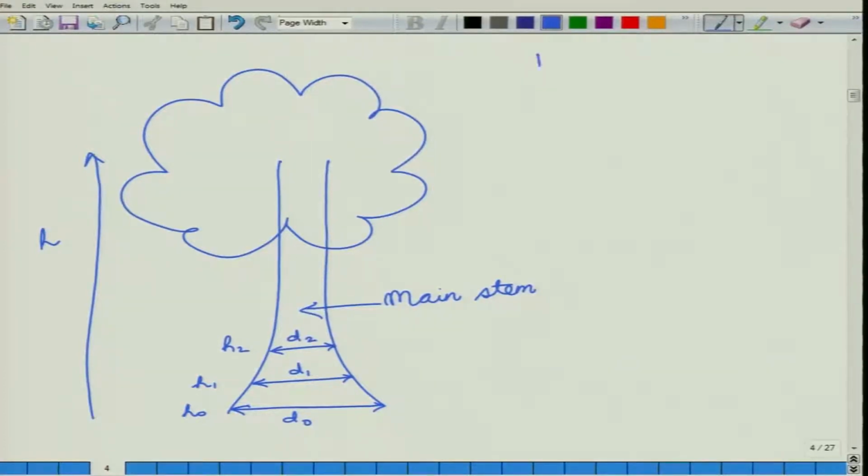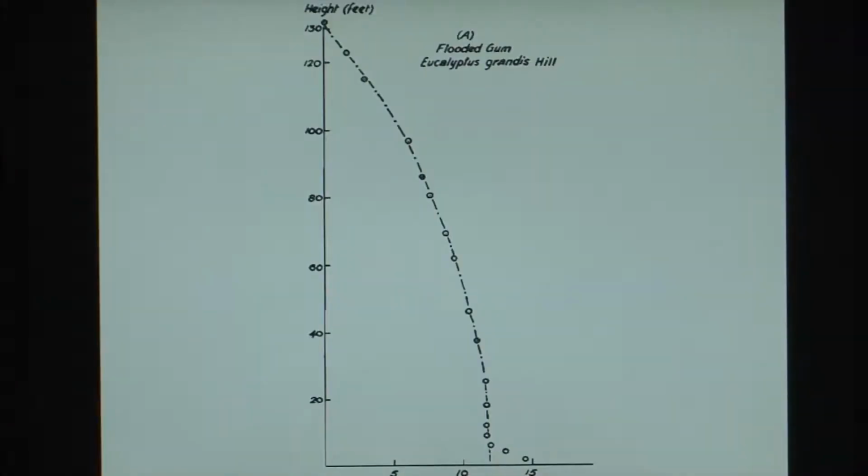What will happen if we plot height versus diameter? Well, this is what we will get. On the x axis we have diameter in inches, on the y axis we have the height in feet. This curve is for a eucalyptus species.